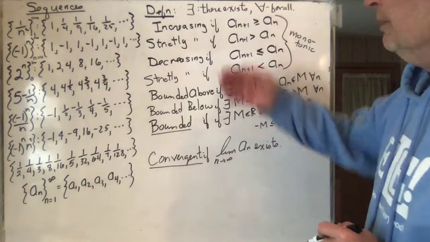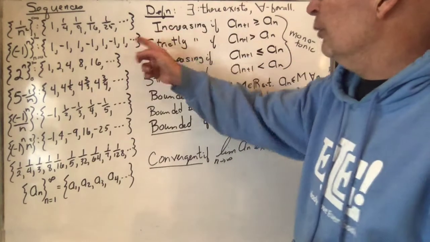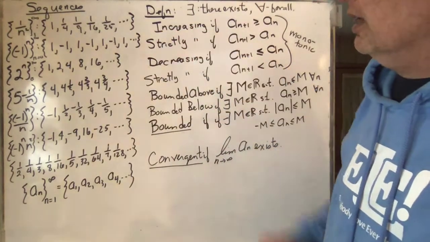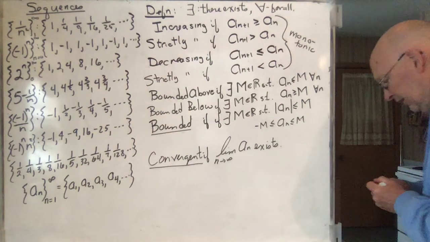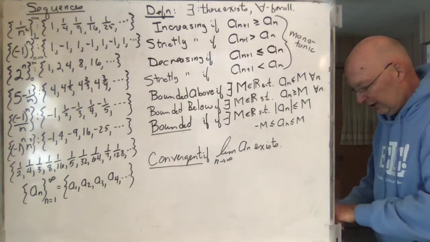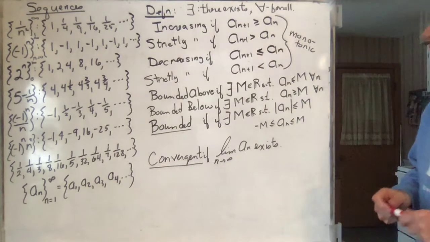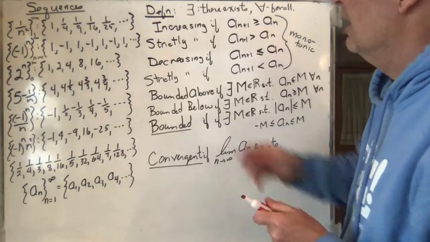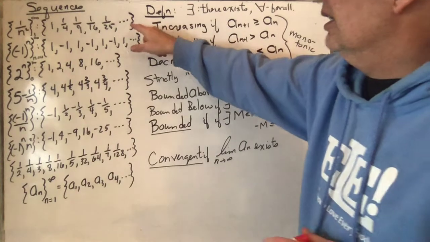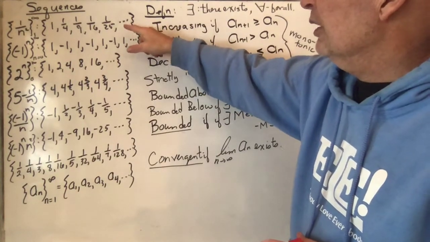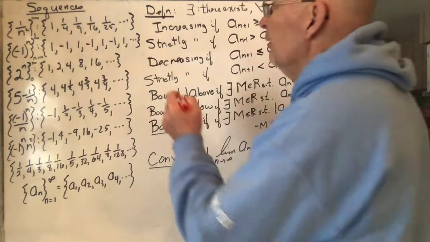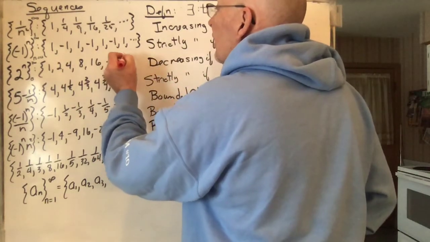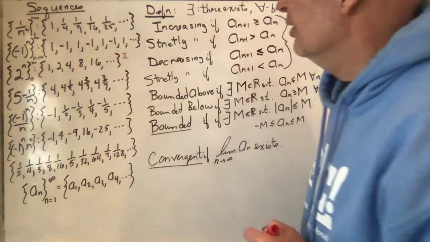Okay, so let's check each one of these and see which ones are increasing. Let me use some other chalk here to indicate which are which. Which ones are increasing? So they're getting bigger as they go. This one would be, right? I'll use an I right there. That's increasing.